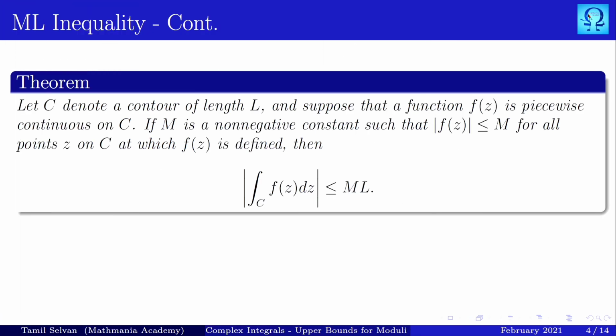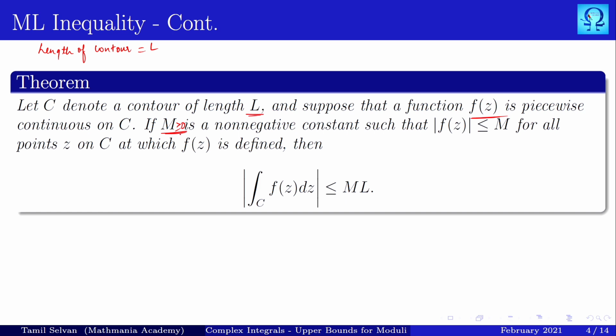Next, we are going to prove the ML inequality theorem. Here we have a contour whose length is L. Suppose we are given some piecewise continuous function on this contour, and M is some non-negative constant, which means M can be either positive or 0.